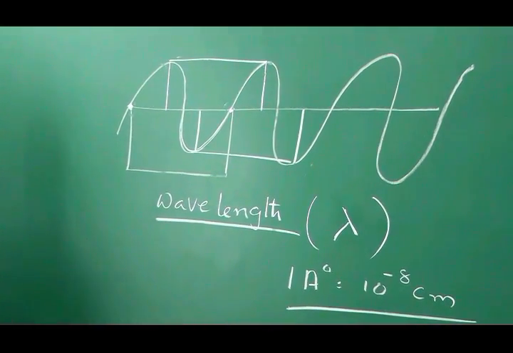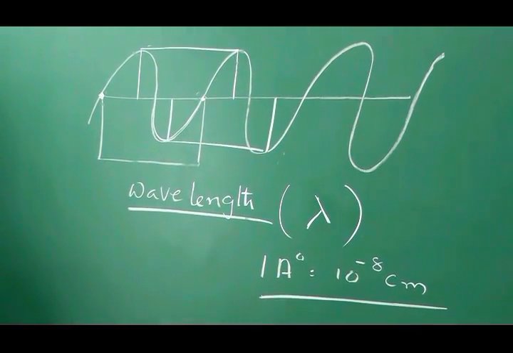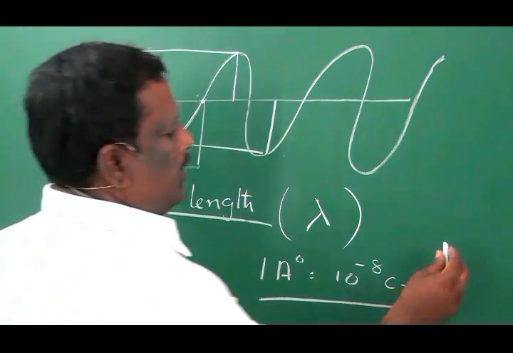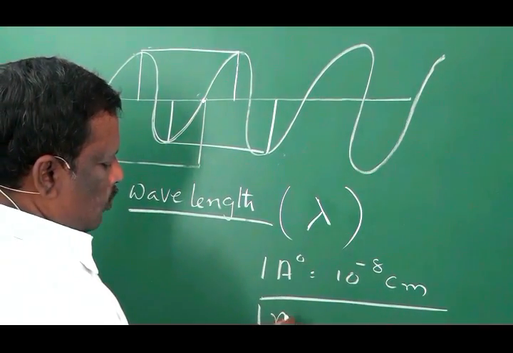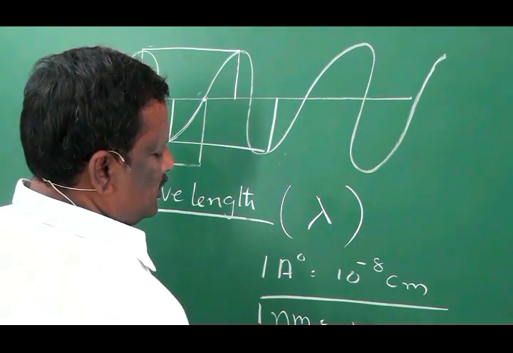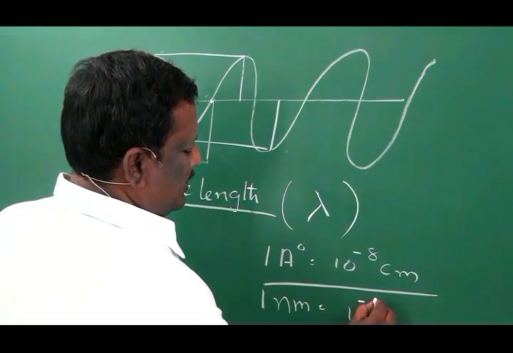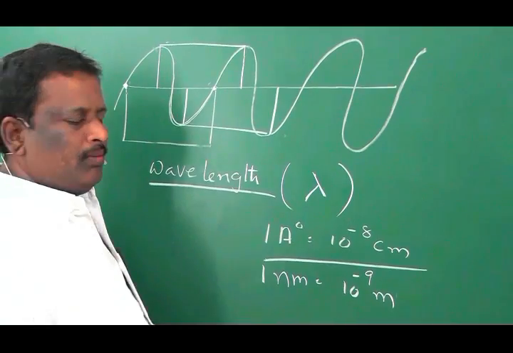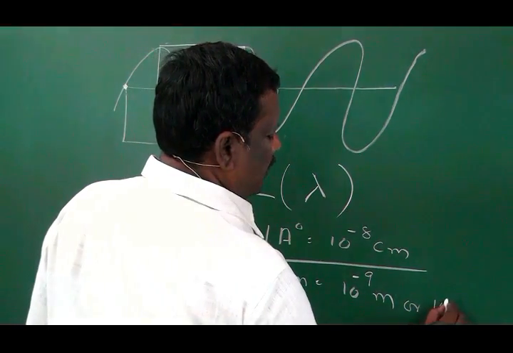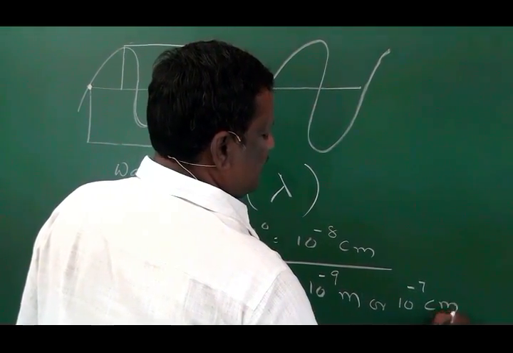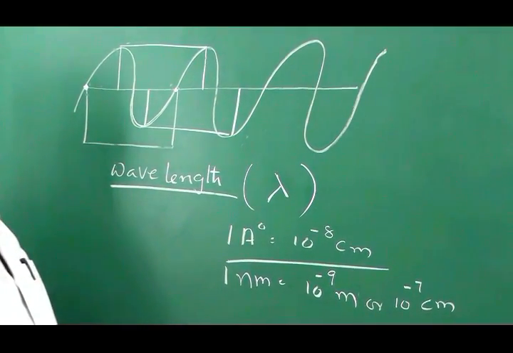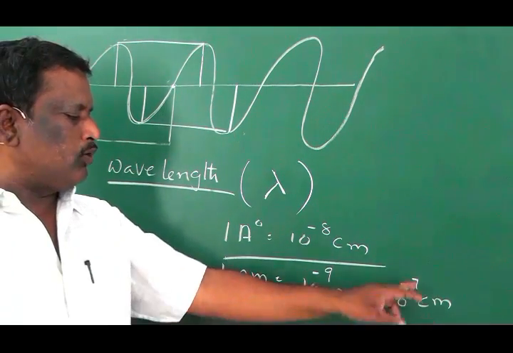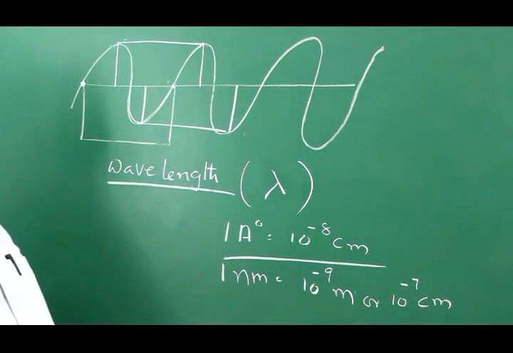Or sometimes it may also be expressed in nanometers. 1 nanometer is equal to 10 to the power minus 9 meters, or 10 to the power minus 7 centimeters.